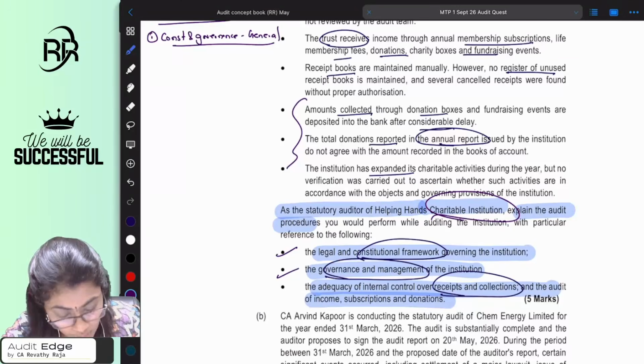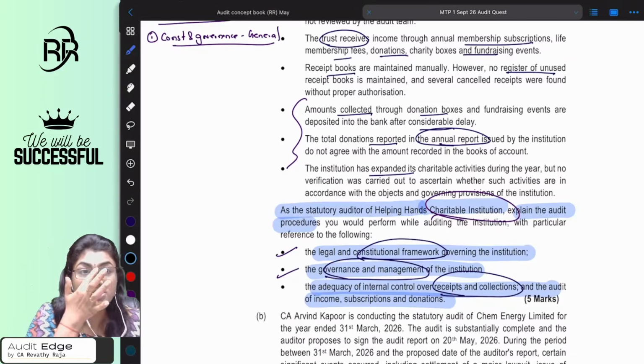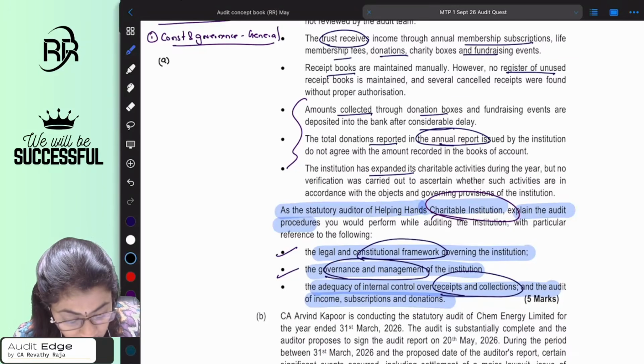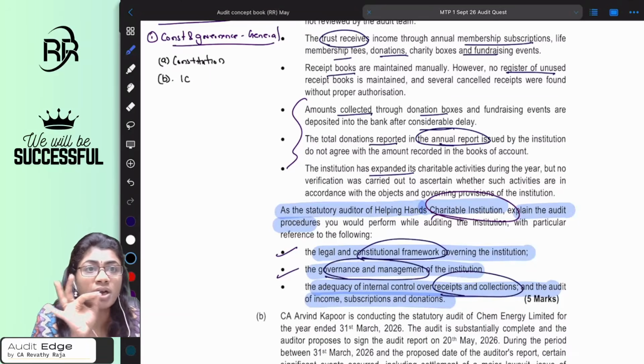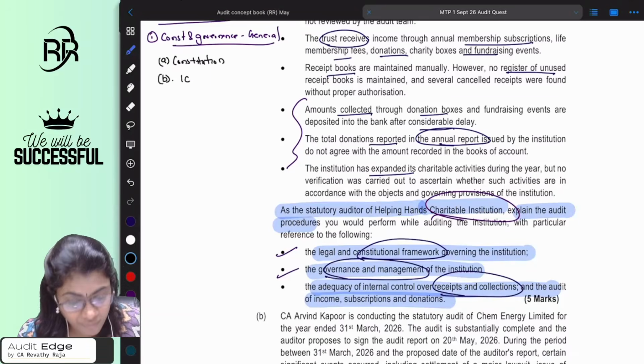So first, I'll just give the keywords. I'm not writing in full. First, you will study the constitution under which the charitable trust has been set up. Second point, you have to see whether the internal control is in place and operating effectively.